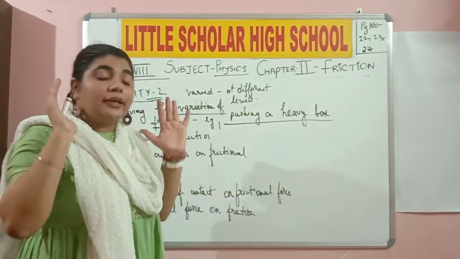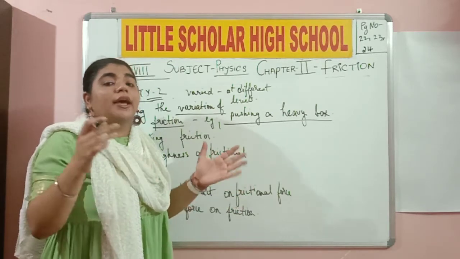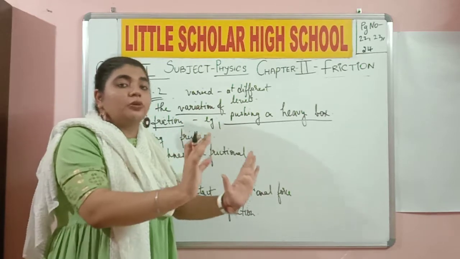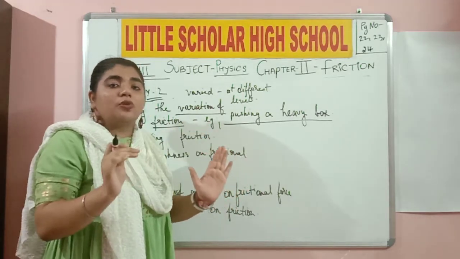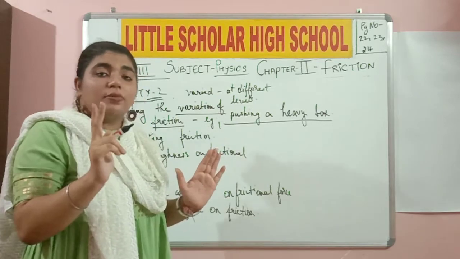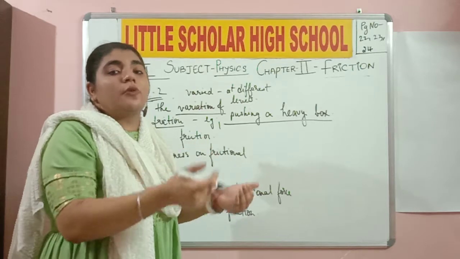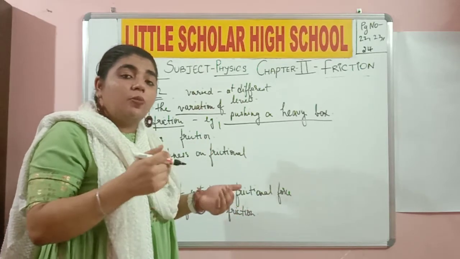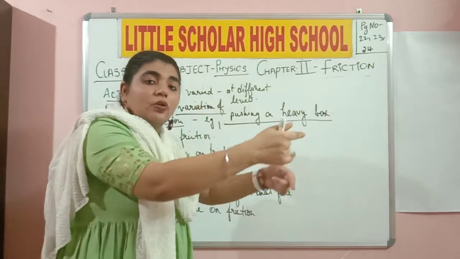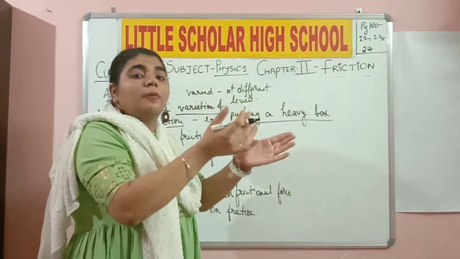Now that he has understood that the box is really heavy and he needs to increase the force that he applies on the box, he is going to try the second time with more strength. So in case number 2, the boy is going to push the box with more force and strength, and this time the box starts moving. Now, is the box rolling and going, or is it sliding and going, or is it being lifted up and taken along?